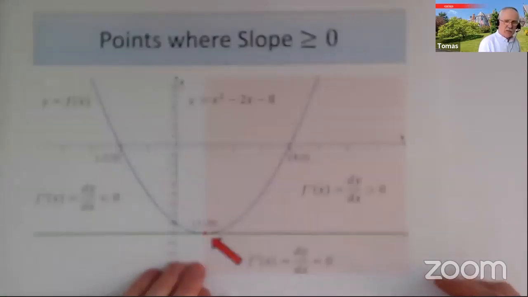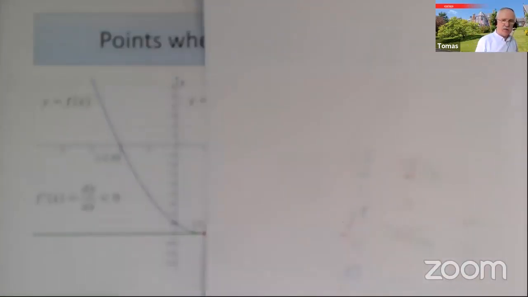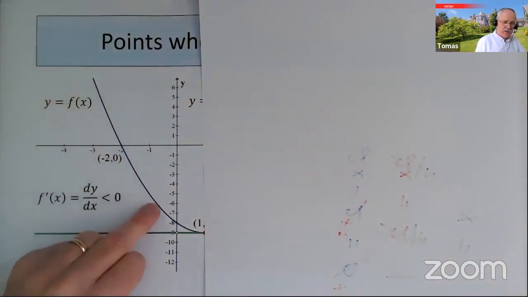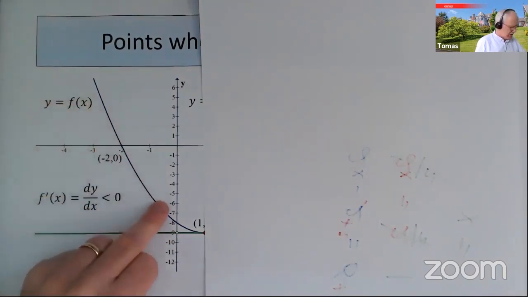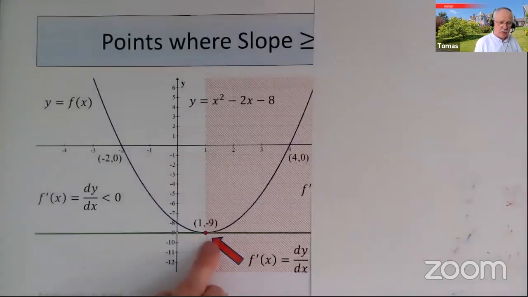Basically what they're saying is, when is the slope greater than 0? So I'll try and do this and maybe it'll calm it down a bit. Basically along here, the slope is negative. Negative, negative, negative, negative, negative. And once I start coming up here, you can see that the slope is going uphill.